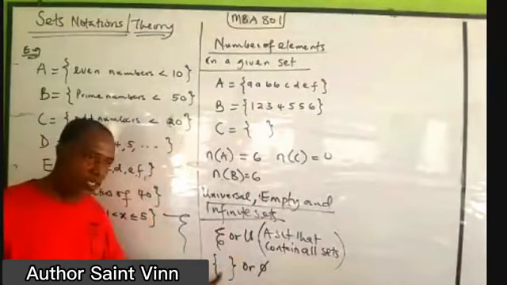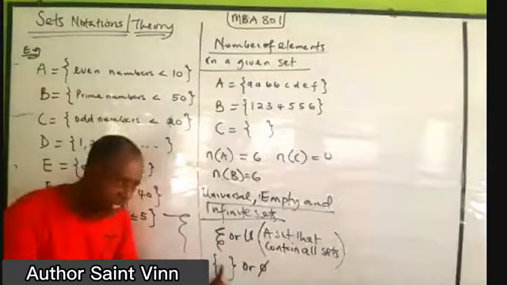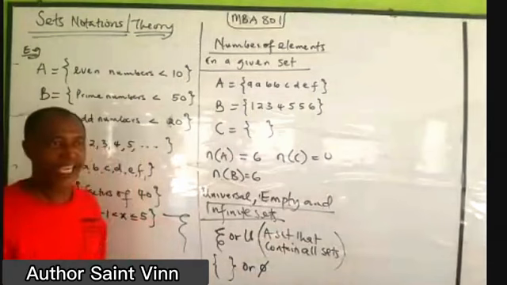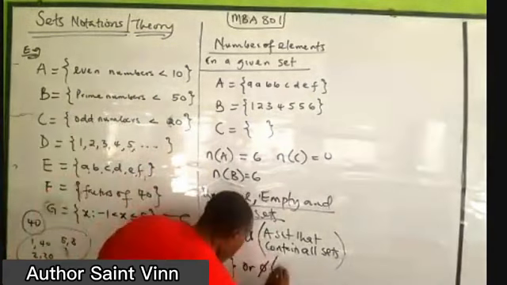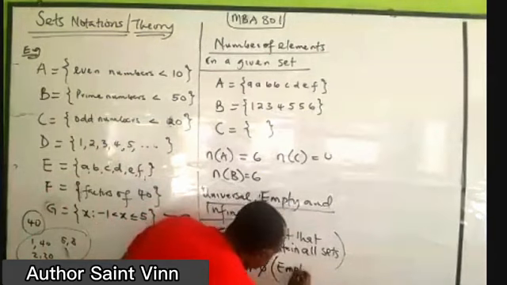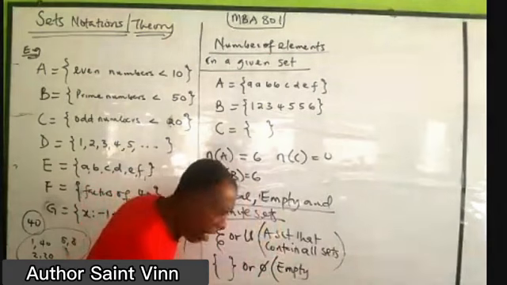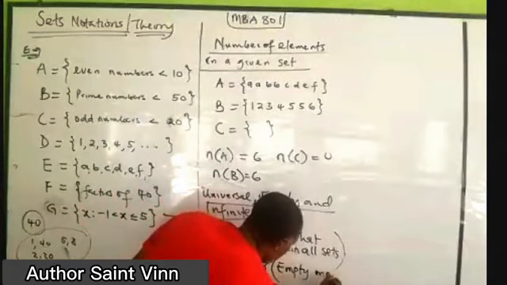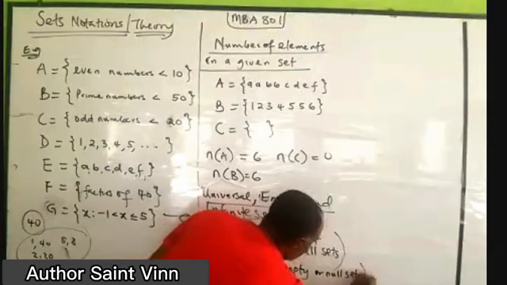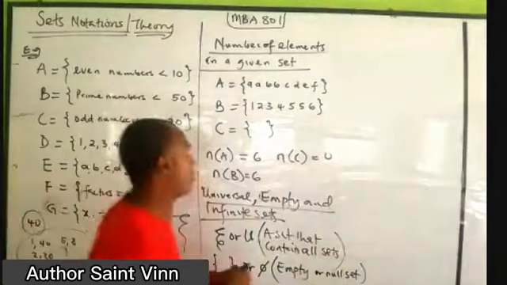If I don't want to draw this, I can draw this. So it's either an empty set or a null set.